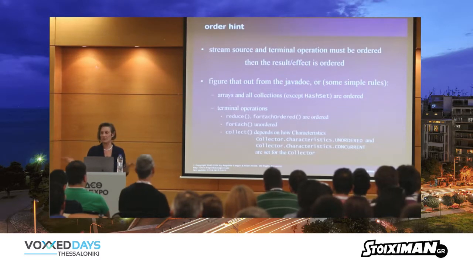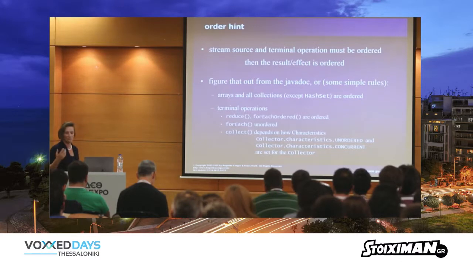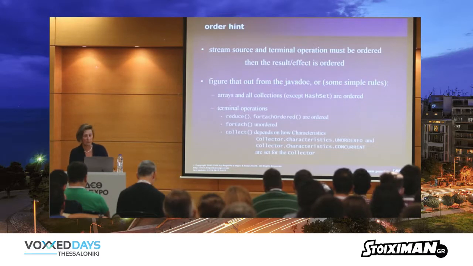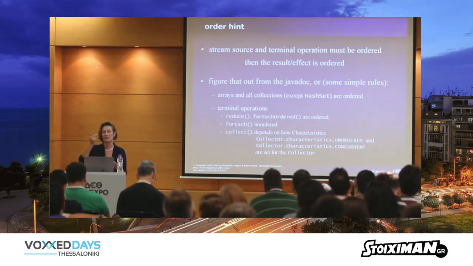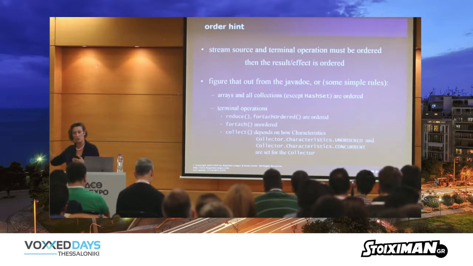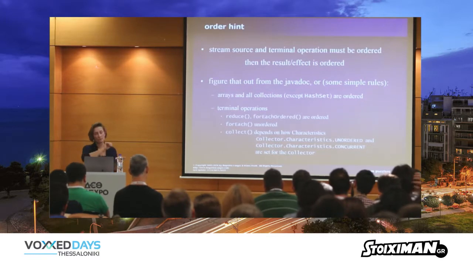Okay, what we've been discussing here is basically which operations are order preserving. And order preservation means that the input stream has an encounter order to begin with. Encounter order is the notion that there is a first element, a second one, and so on and so forth, and a last one. So if you have a stream source that is ordered, and you have a terminal operation that is also order preserving, you will see the encounter order of the input stream somehow reflected in the output stream.